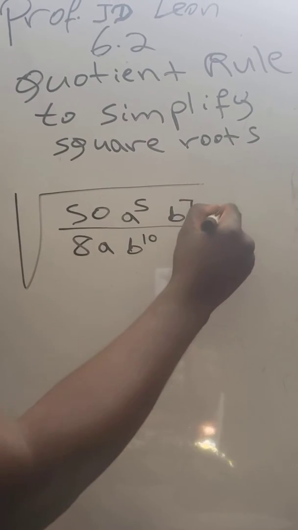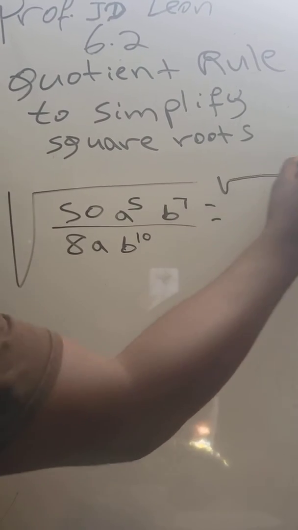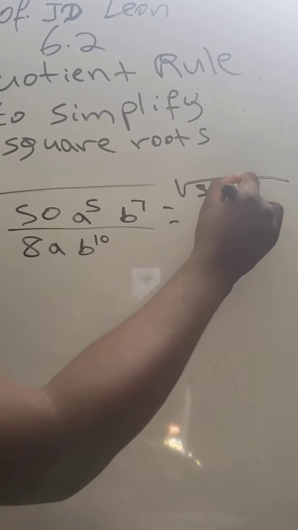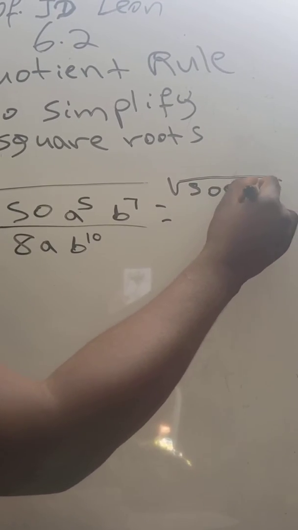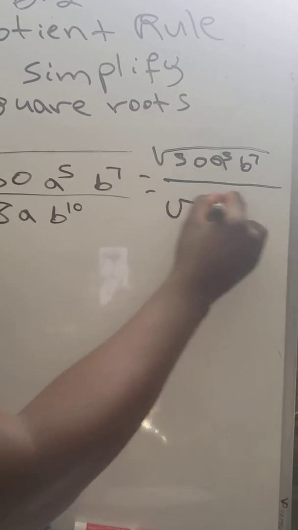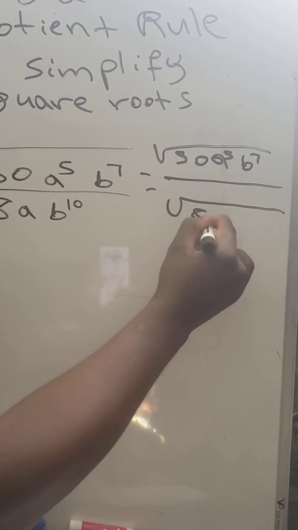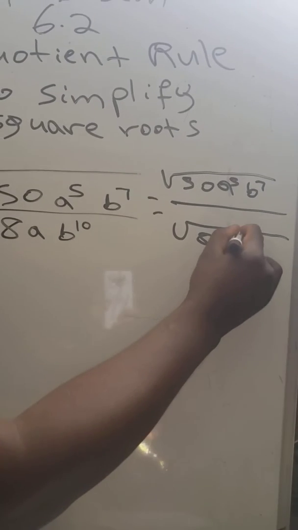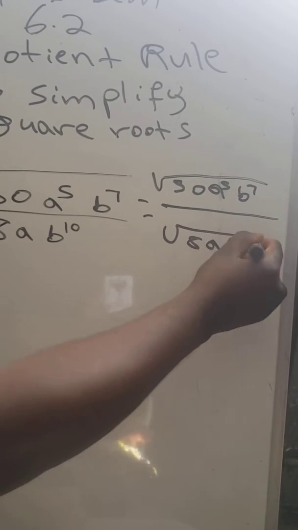This is equal to the square root of 50 a to the 5th b to the 7th, over the square root of 8 a b to the 10th.